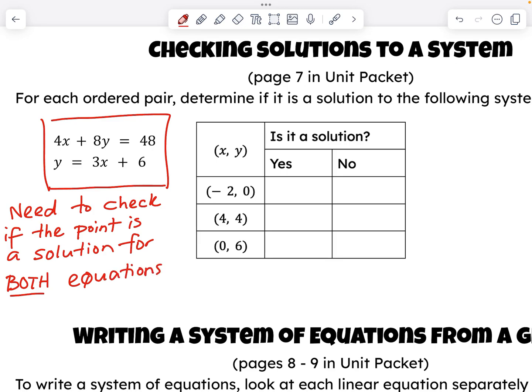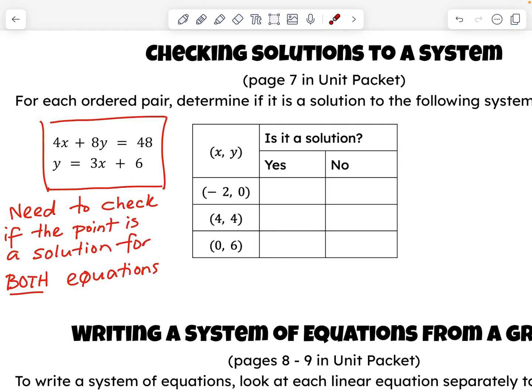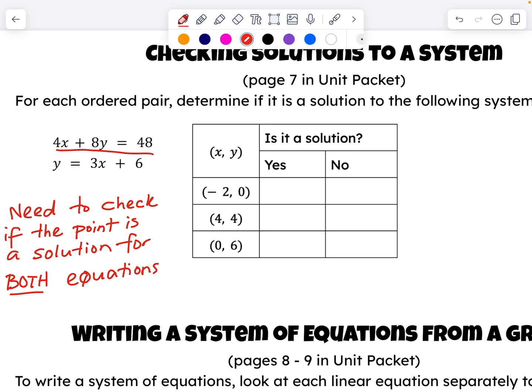So I have to check for both. What I'll be doing is, here's the points it wants me to test, these 3 points right here. Each one I will plug into the first one and see if it works, see if it makes a true statement, and plug into the second one as well. I have to check both. So let's start with this first one right here. Also, let's make this the red one and this the blue one so we can keep track of what we're doing.